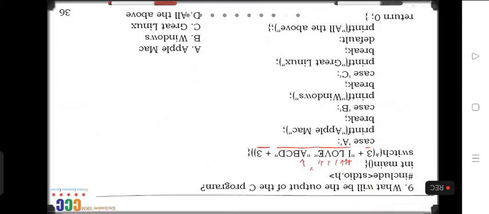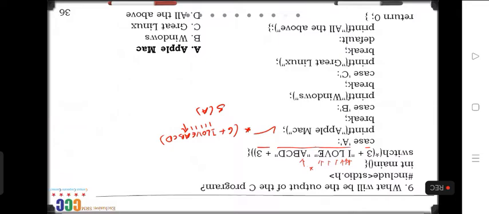A. This is the value at A. So this statement is nothing but star of 6 plus I love ABCD. 6 means what? 1 2 3 4 5 6. So the value at this position is what? A. So switch A. Switch A is what? Apple Mac. Yes, it is.